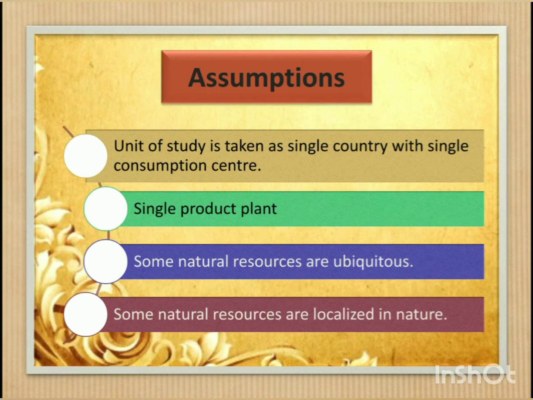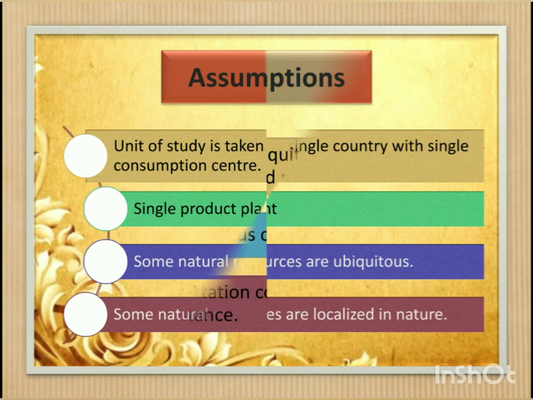Unit of study is taken as single country with a single consumption center. That means there is only one market and a single product plant, and some natural resources are ubiquitous. Ubiquitous resources means the resources which are available everywhere, and some natural resources are localized in nature.